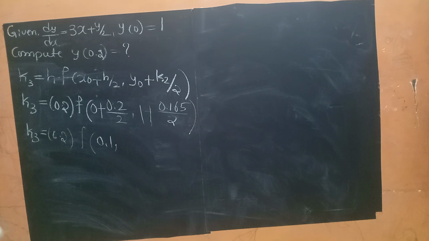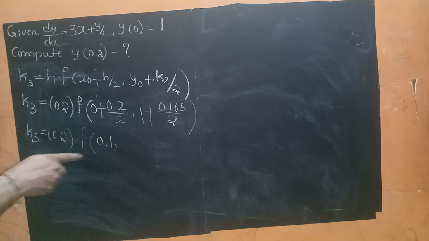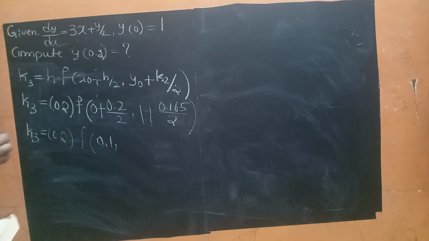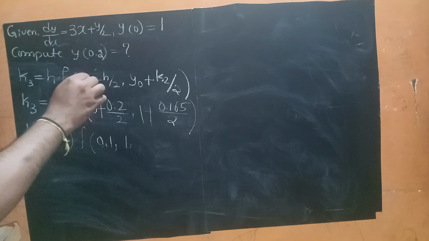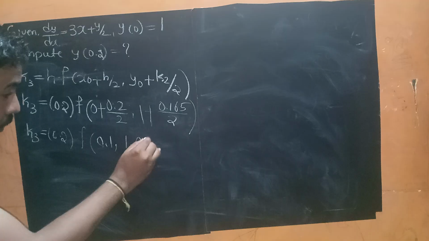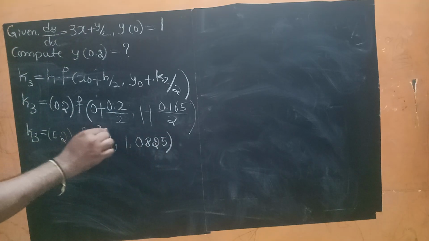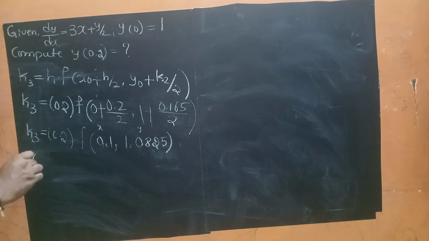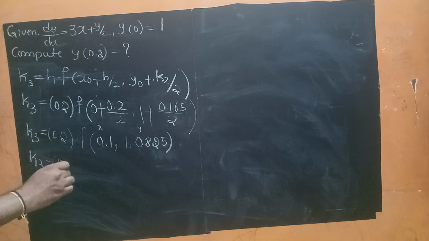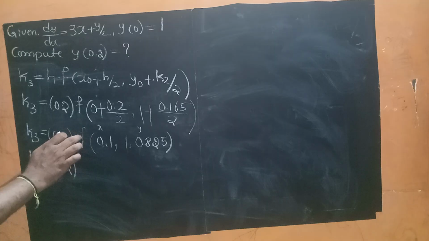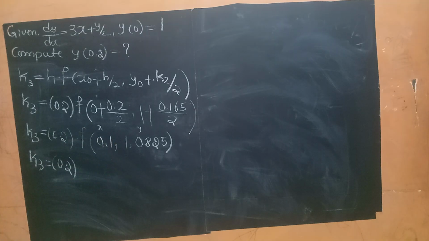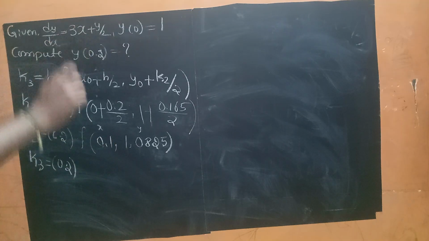If we simplify that, we will have the other 2 points as f of 0.1, comma 1.0825. Now these are our x and y values. So K3 equal to 0.2 f of x comma y, we have defined the function. This is our f of x comma y.